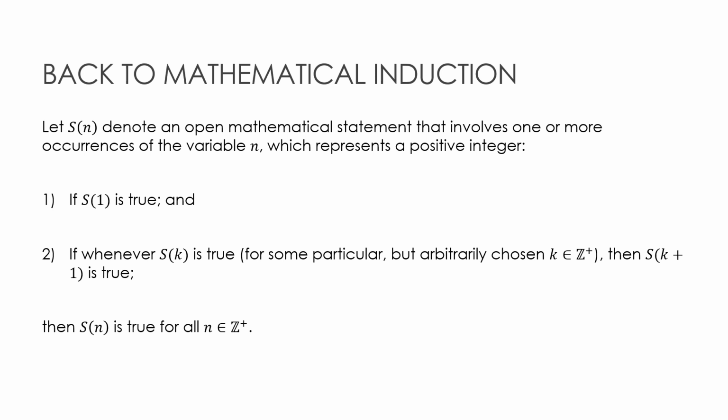So if the statement is true for 1, and if whenever I can get to S of k, which is true for some particular but arbitrarily chosen k that is an integer, then the next value, S of k plus 1, is true, and if that's true, then S of n is true for all of the values of n that are positive integers. We've already talked about this; it is essentially the definition of mathematical induction. It will make more sense once we actually prove something through mathematical induction.